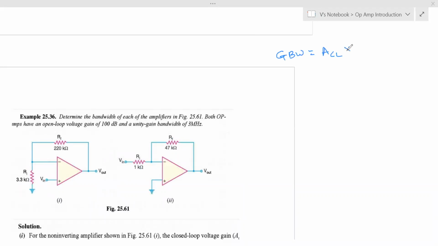Gain multiplied by bandwidth. Gain bandwidth product. So gain multiplied by bandwidth. So if you know gain, if you know bandwidth, you can calculate GBW. So let us see, determine the bandwidth of, so bandwidth निकालना है हमें, bandwidth of this one, each amplifier.